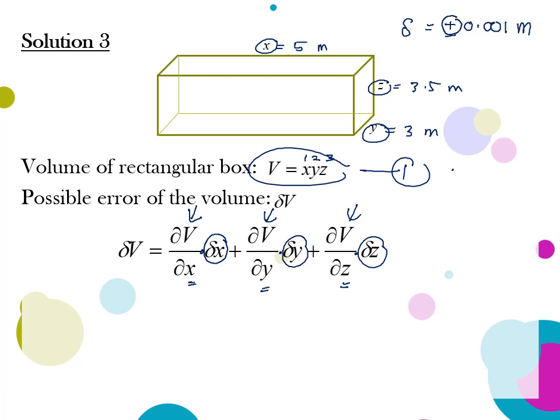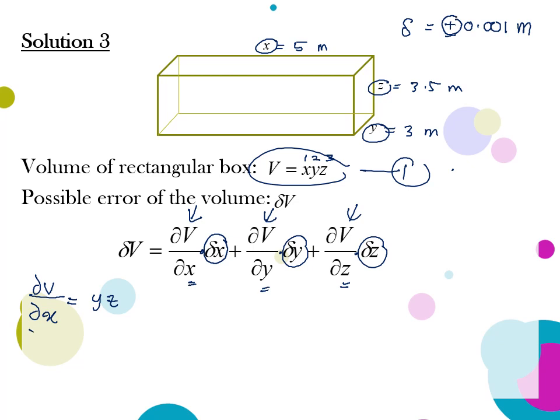We need to first find the partial derivative of V with respect to x. So del V del x: differentiate x, you will get 1, so we are just left with y and z, because you treat y and z as constants when you differentiate with respect to x.